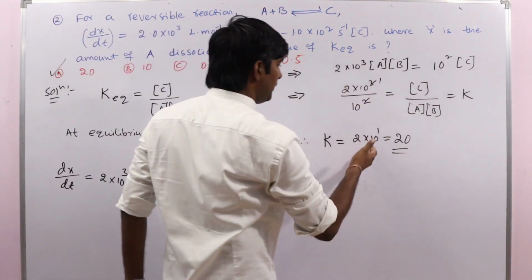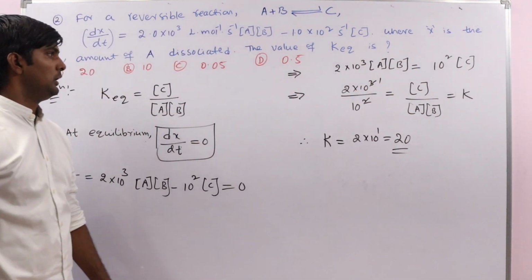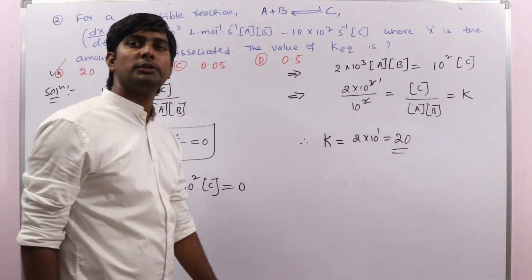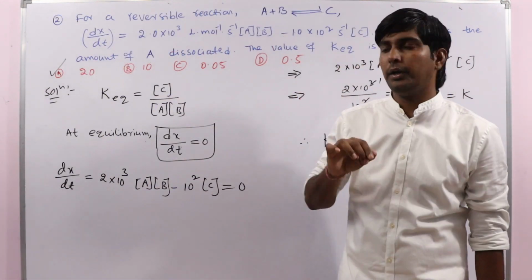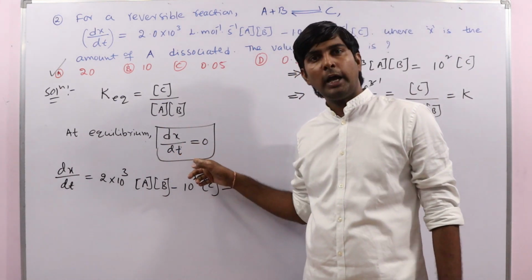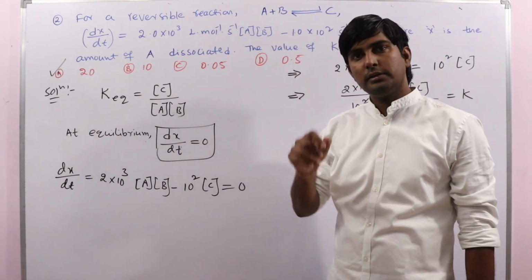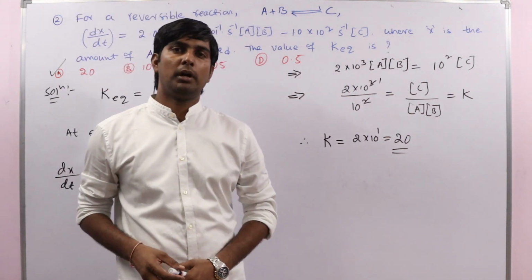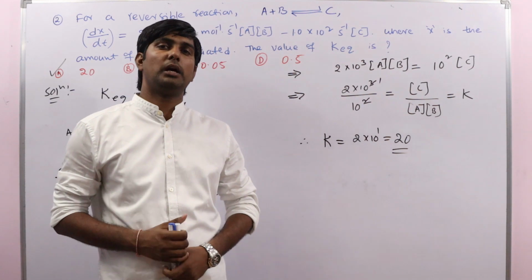After simplification we get the answer. So remember this one: at equilibrium there is no change in the concentration of reactant or product with change in time. And another condition is that the rate of forward reaction is equal to the rate of backward reaction, which we discussed in the derivation also.